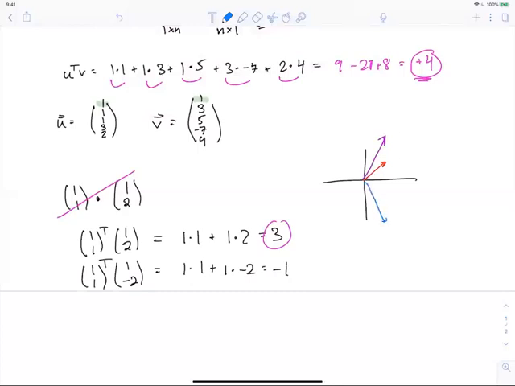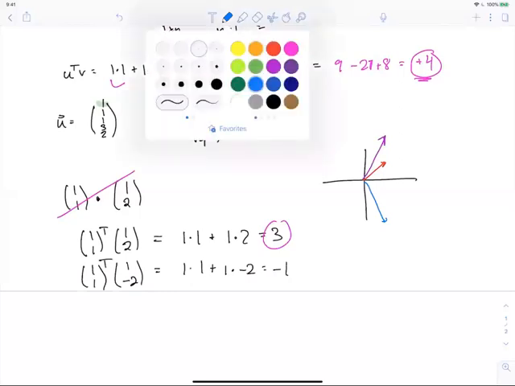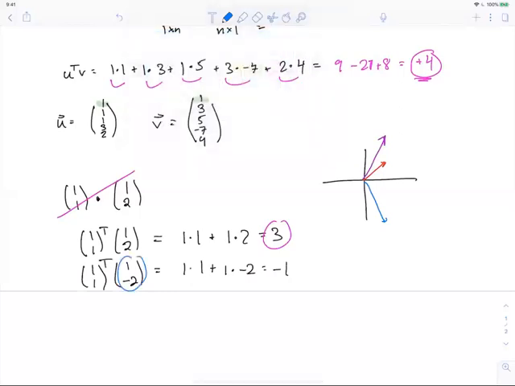You'll notice that the blue vector right here, 1, minus 2, is kind of pointing away from this first vector. In fact, if you look at the perpendicular, the blue vector is slightly behind the red perpendicular.